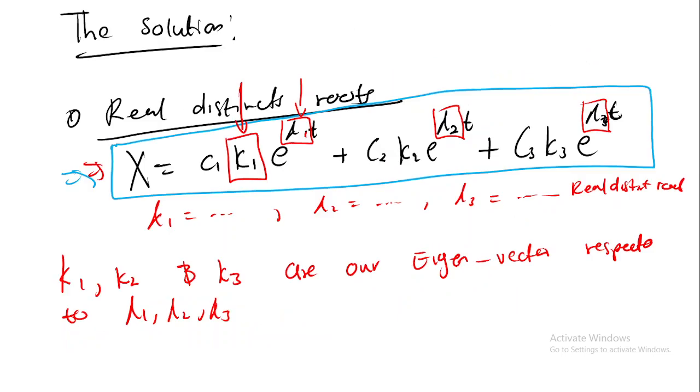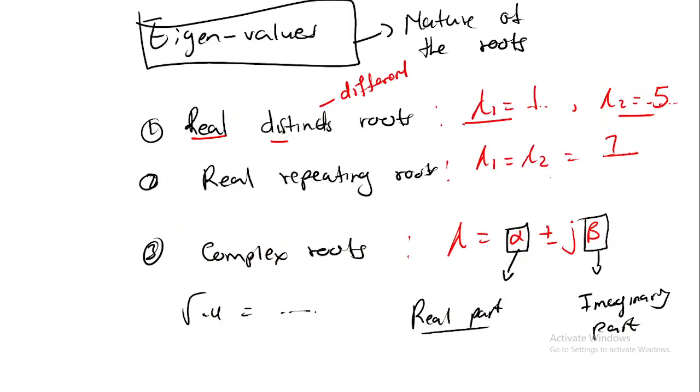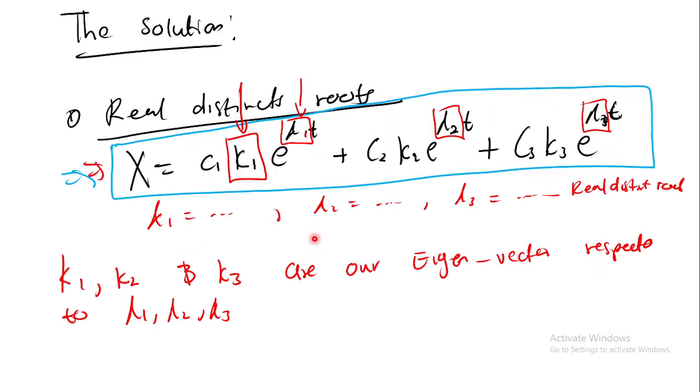Once you grasp that we have three types of roots, which are real distinct roots, real repeating roots, and complex roots, this is the general solution for real distinct roots. Note that if you are working with a 2 by 2 matrix, you have c1 and c2. The reason I added c3 is because we are working with 3 by 3 matrices. So if you are working with 2 by 2, you can stop here; for 3 by 3, you add this.